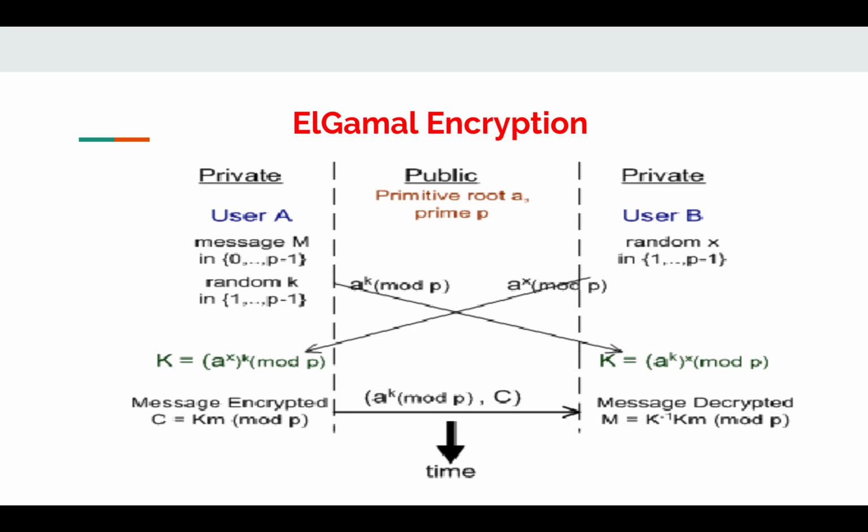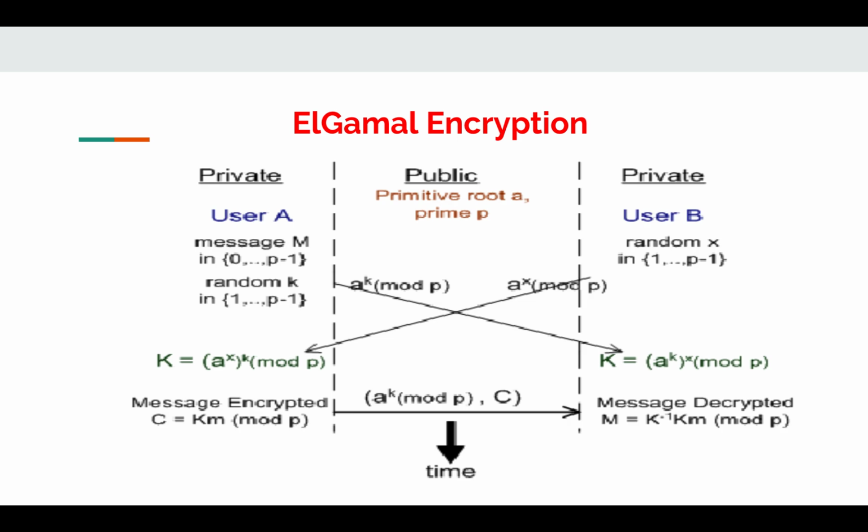So if you can see here, in mathematics the order doesn't matter. If it's multiplication, the order doesn't matter. So x raised to the k, or k raised to the x mod p, is the same thing. Basically, they will both have the same key.